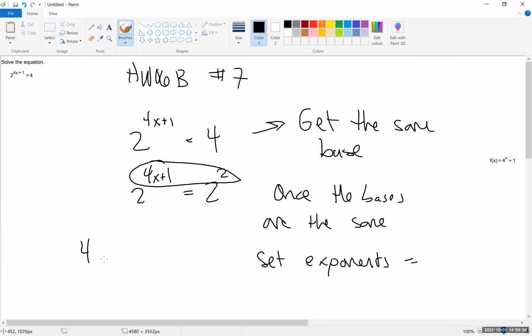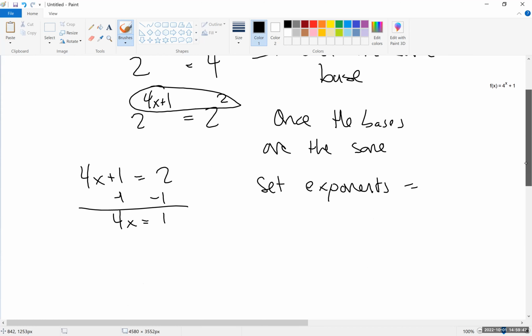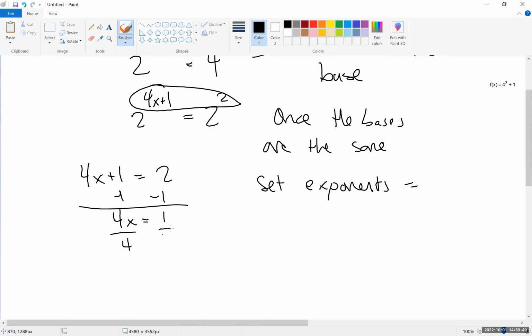So it's going to be 4x plus 1 equals 2, not 2 squared, just the exponents. Subtract 1, 4x equals 1. Divide both sides by 4, x equals 1/4. The way it wants us to write our answer is as a simplified fraction. So we're going to enter it as 1/4. Okay.